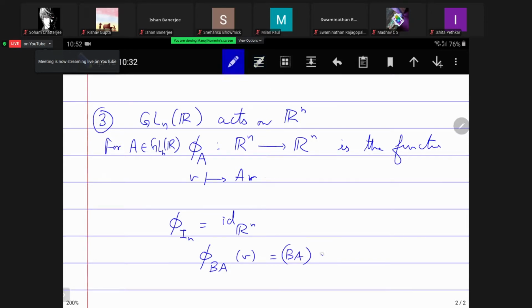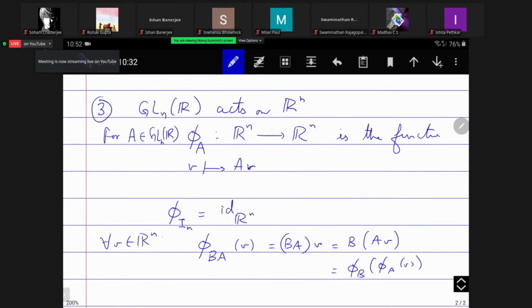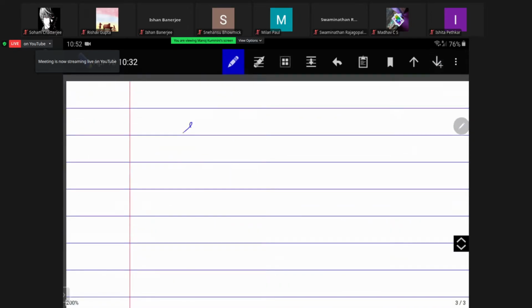Whatever matrix whose phi we are considering, multiply that matrix with v. This is B of Av, and this is phi B of phi A of v. This is true for every v in Rn. So phi of BA is phi B composed with phi A.